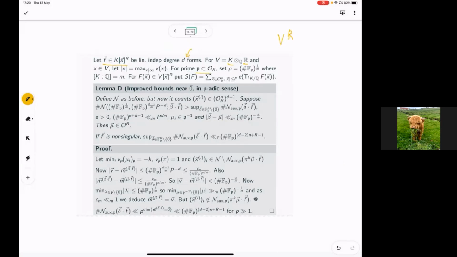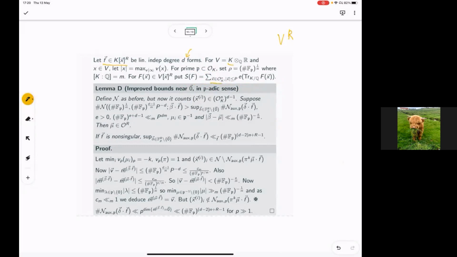And then p-adic repulsion is now going to work with a prime ideal. The key governing quantity is the size of the finite field associated to that prime ideal. Okay, and so our exponential sum, I've written what it looks like here.